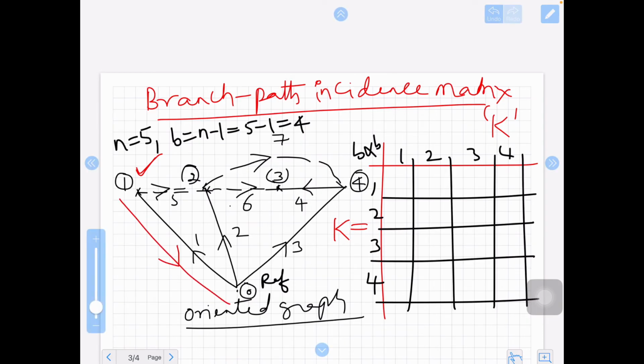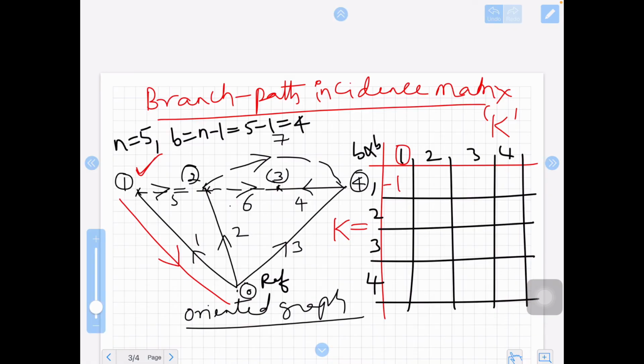This is the first path from the bus to 0. It involves only one element, the first element. Here the assumed current direction is downward and the element 1 direction is up.